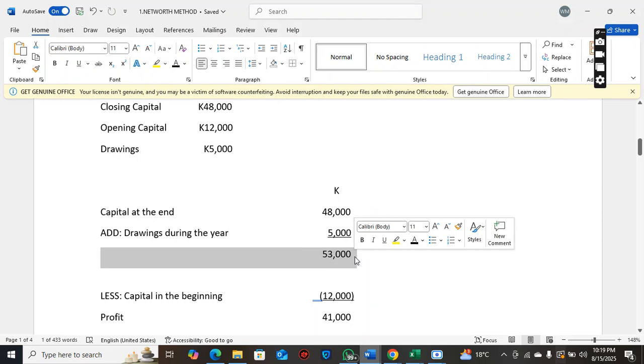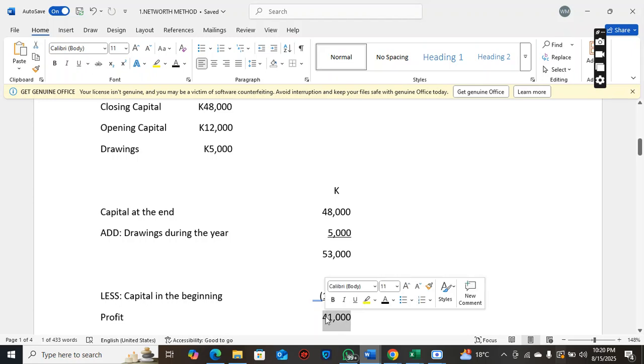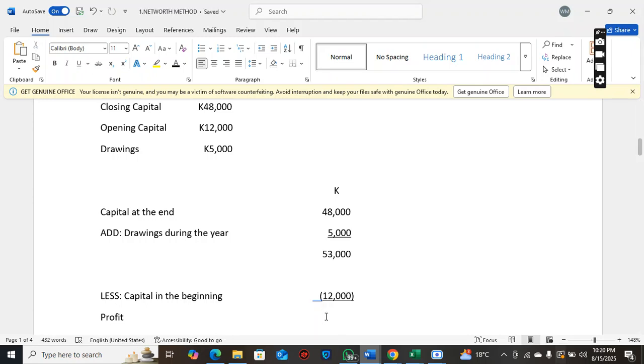This is your true capital before you removed that money for your personal uses, which is the drawings. This is the capital you had, 53,000. Then you subtract the beginning capital, 53,000 minus 12,000, you get 41,000.